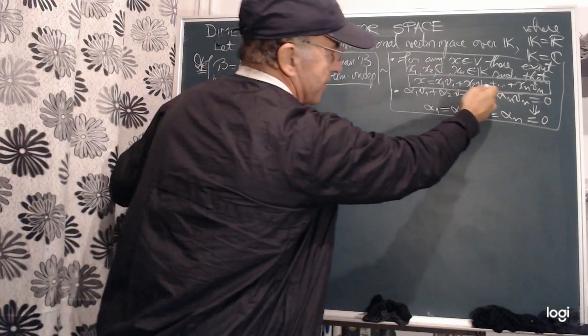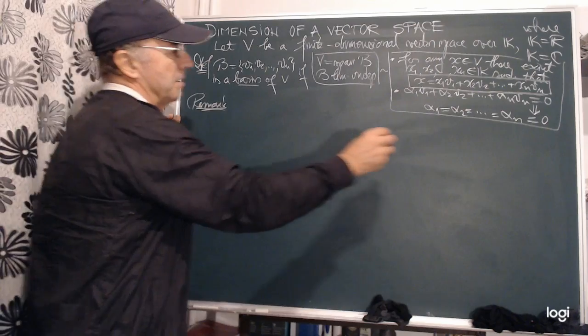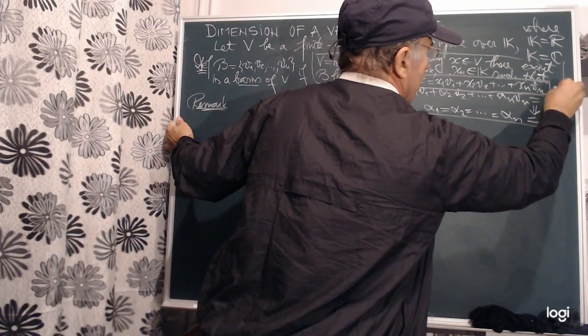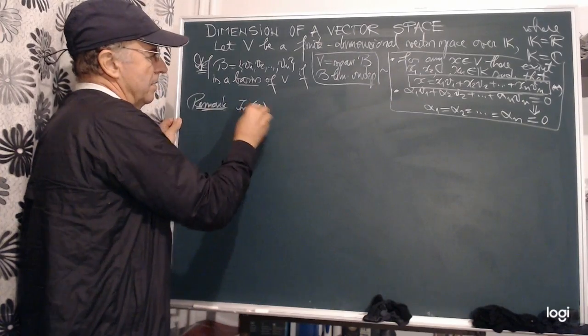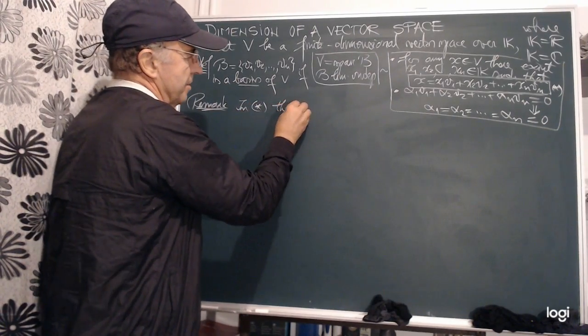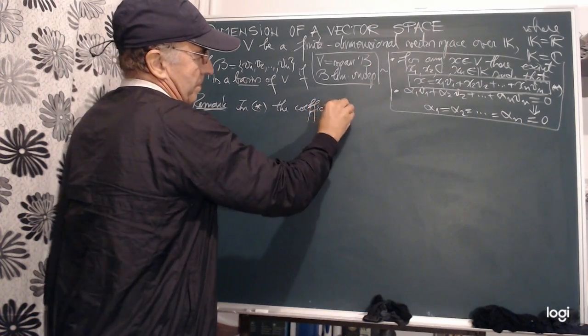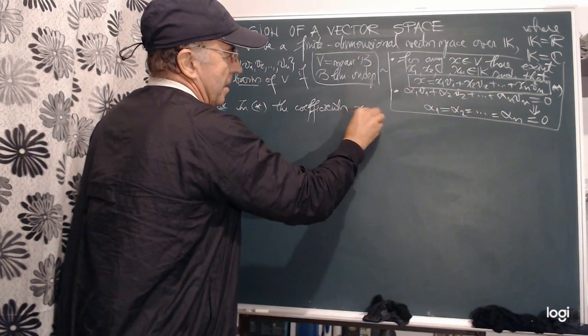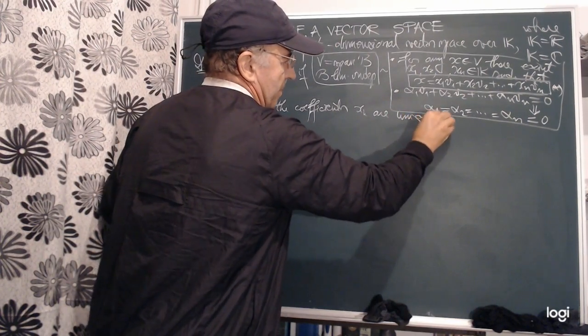The coefficients are uniquely determined in this formula. In star, the coefficients xk are uniquely determined.